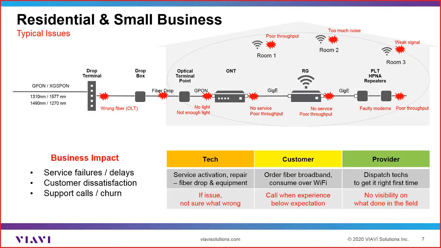They might have dirty, damaged connectors, so they're not getting light. They don't have enough light. And then inside the home, once they connect the ONT and the gateway, they might not have service or poor throughput inside the home behind the gateway, wired connection, and they might have poor throughput or Wi-Fi performance inside the home. And that could be due to too much noise, weak signal, just getting poor throughput based on the device.